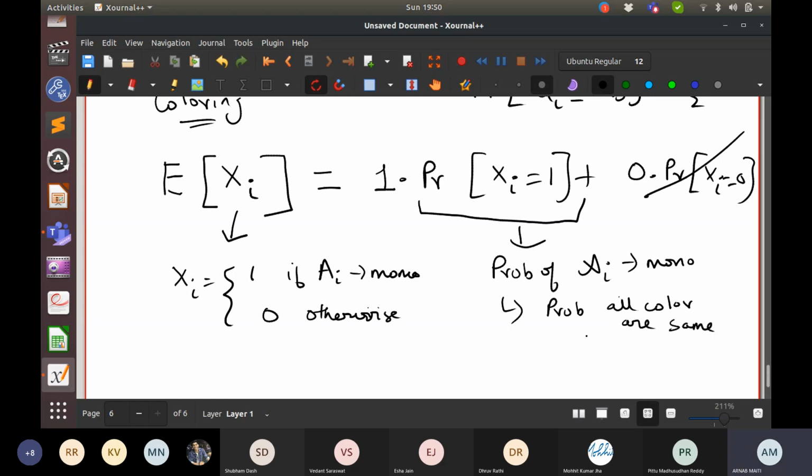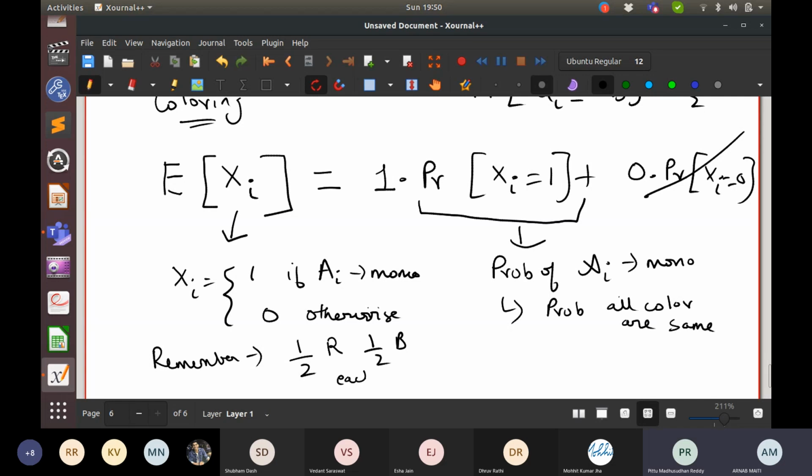So what is the probability? Remember that we are coloring each element in U with the same probability: half probability red and half probability blue. And in Ai, remember there are k elements.